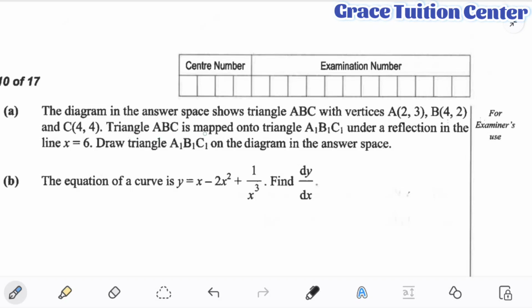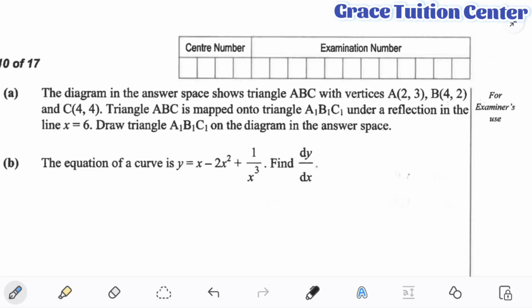Triangle ABC is mapped onto triangle A1B1C1 under a reflection in the line x equals 6. Draw triangle A1B1C1 on the diagram.